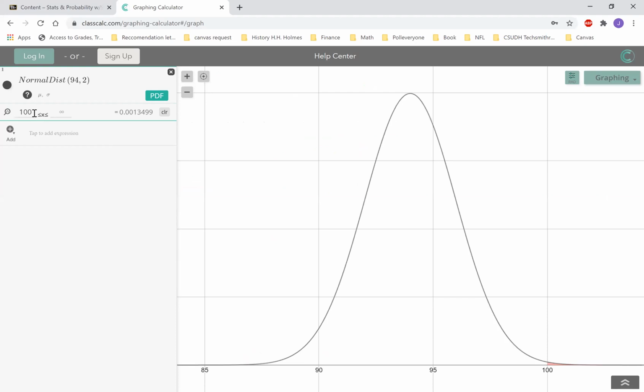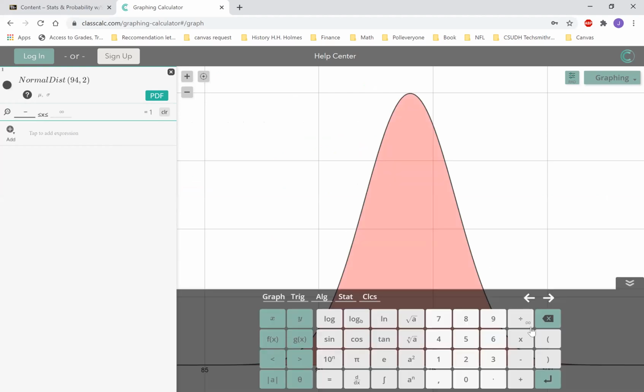So let's do this on ClassCalc. We're gonna put negative infinity, and for the upper bound, you put 90. And we get the probability that x is smaller than 90 is equal to 0.0228.